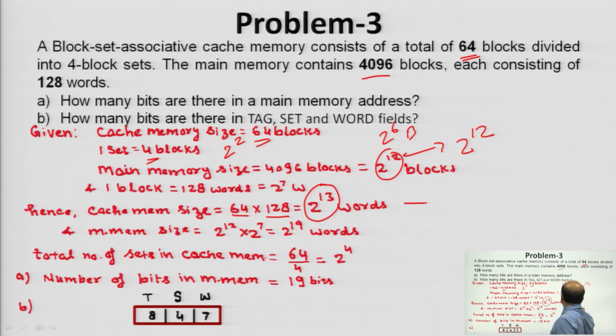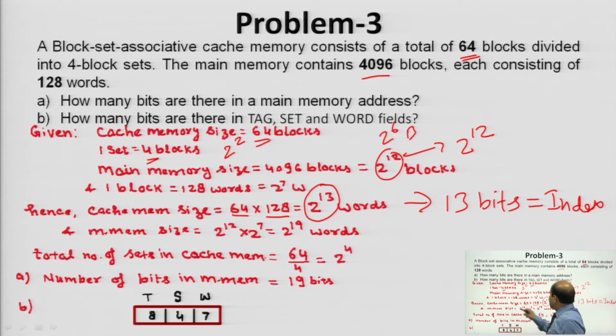The cache memory will take 13 bits, so the index size in this case is 13 bits. And for the main memory, similarly we can calculate 2 to the power 12, because there are 2 to the power 12 blocks as we have seen, times 2 to the power 7, because 128 words in each block is given.